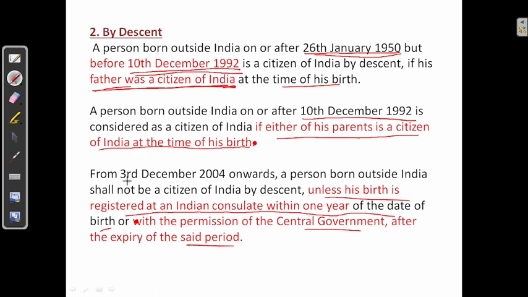Understand? A person who is born after 2004 outside India will get the citizenship of India only if he is registered within 1 year of his birth. If he didn't register within 1 year, he should at least take the permission from the central government. Then only he'll get the citizenship of India.